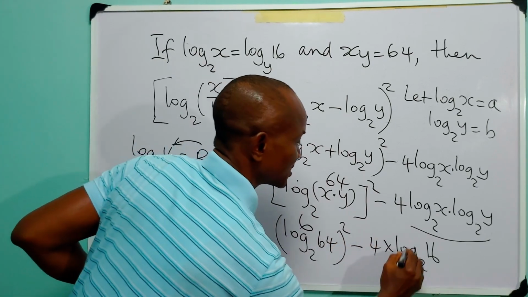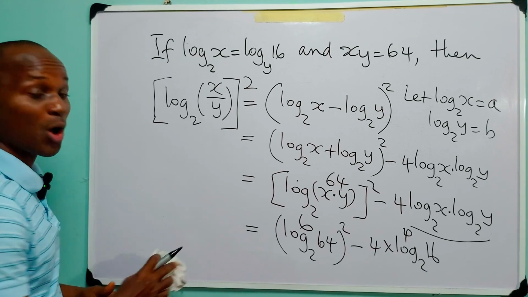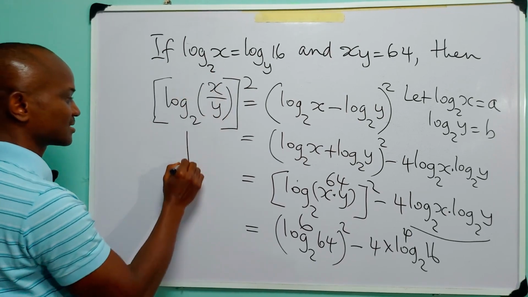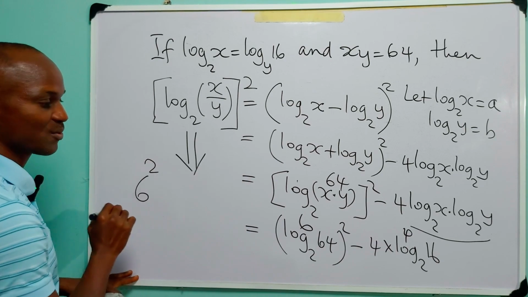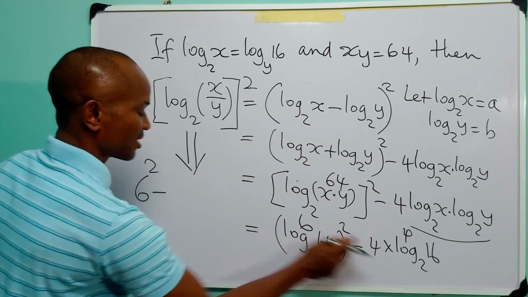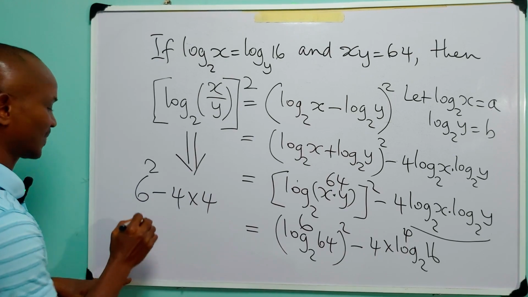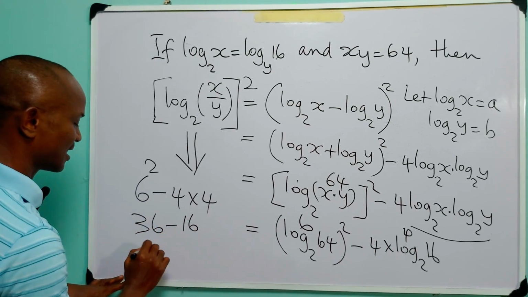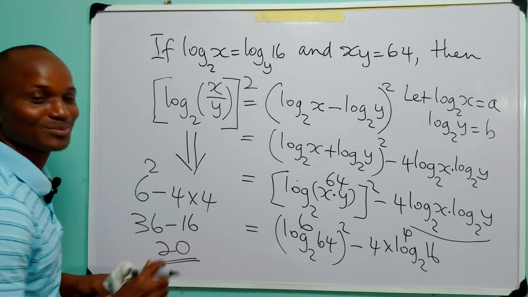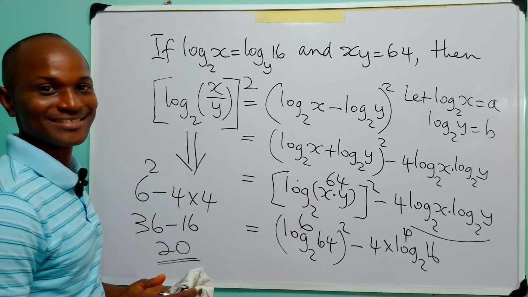So this quantity is equal to 4. So ultimately, we have that this is equal to 6 squared minus 4 times 4. And this is 36 minus 16, and that is equal to 20. So this is equal to 20.